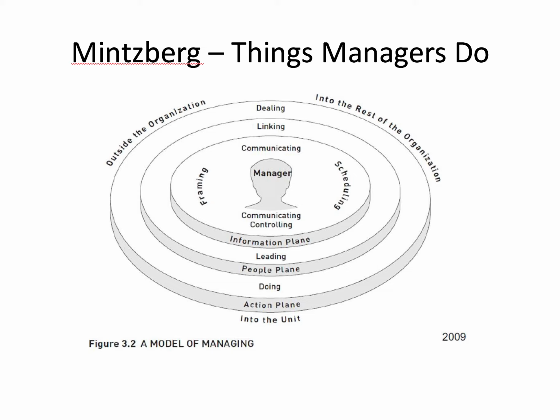The manager is at the center of this diagram, and we know that the manager spends a lot of time communicating and controlling, so scheduling work and organizing the way in which work is done. On the left-hand side here, you have framing, and framing really means that the manager is the person who explains what has to be done and why it has to be done. That gives it some sort of meaning for the employee, and that meaning can make a big difference.